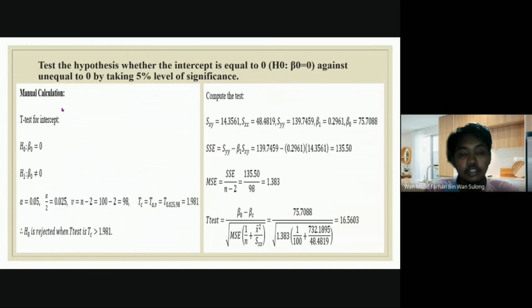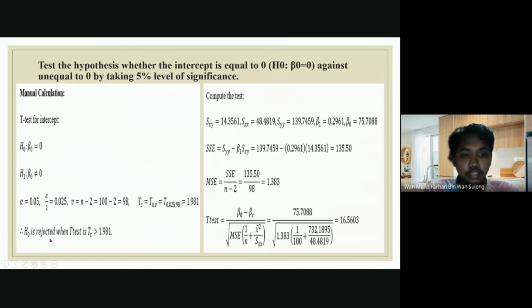I will present the test of the hypothesis whether the intercept is equal to 0, H0: beta 0 equals 0 against H1: beta 0 unequal to 0, by taking 5% level of significance. Using the manual calculation, TC equals 1.981.